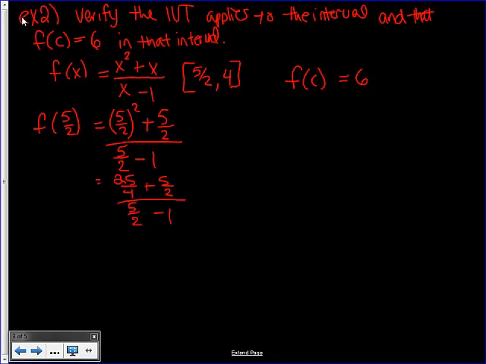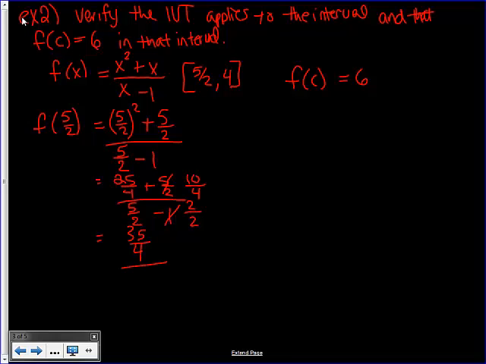Doing my algebra there, I get 25 over 4 plus 5 halves. Well, I can actually rewrite 5 halves as 10 fourths. And I can rewrite 1 as 2 over 2. So 25 fourths plus 10 fourths is 35 fourths.